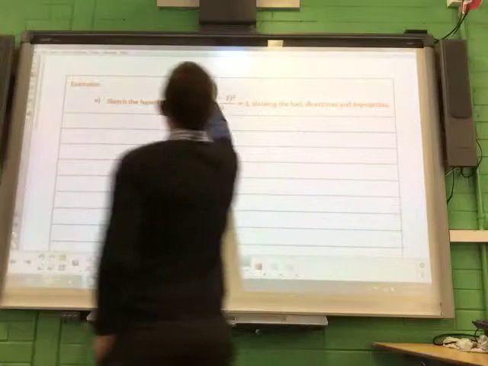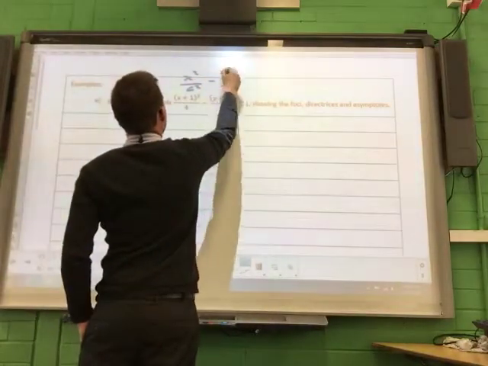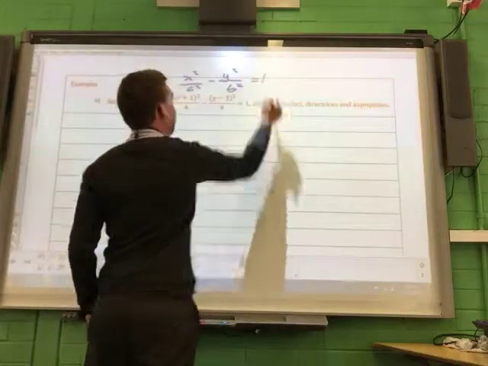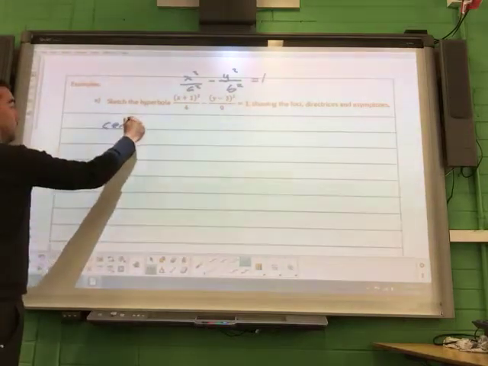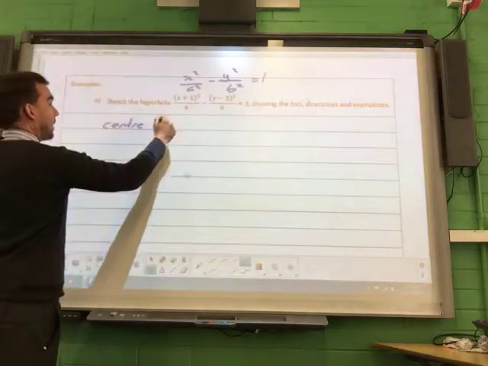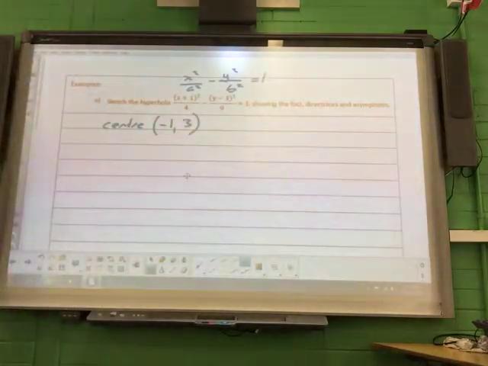This is really your x squared over a squared, take away y squared over b squared is 1. So that could be your standard form. We expect your x to be positive, so that means your foci will lie on the horizontal plane. Alright, so we've got centre at -1 and 3 for your h and k.